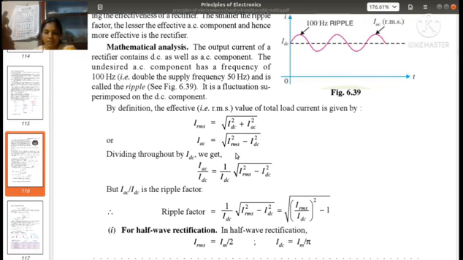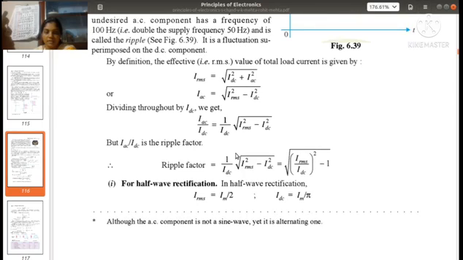Okay, so from this we can get IAC as square root of IRMS square minus IDC square, and if we divide this throughout by IDC, we will get IAC by IDC as 1 by IDC times the square root of IRMS square minus IDC square. And IAC by IDC is nothing but the ripple factor by definition.